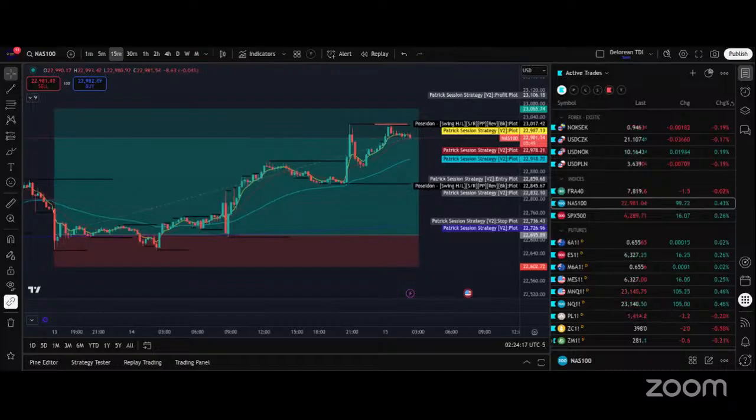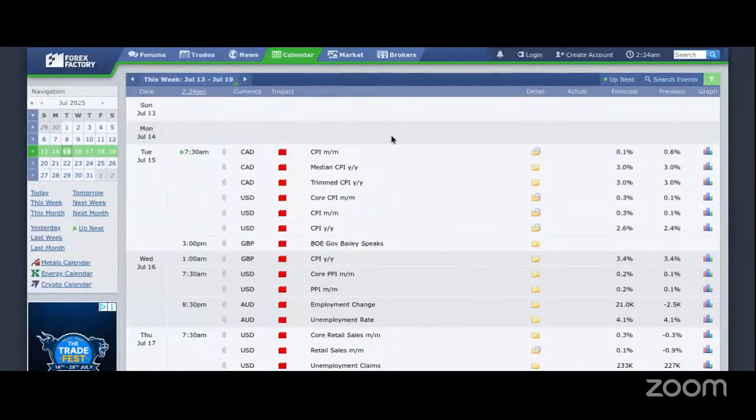Right, so while we have a little bit of a lull, let's check under some news. All right. Got major news most of the day. At the opening bell of the New York Stock Exchange at 7:30 a.m. this morning, we have a triple set of major news on the Canadian dollar: month-over-month consumer price index, median consumer price index year-over-year, and trimmed consumer price index year-over-year.